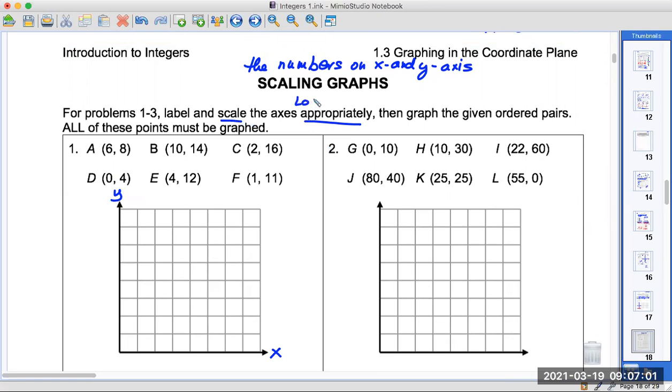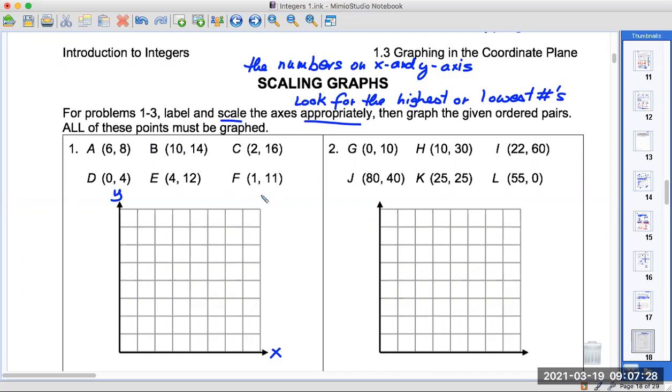What you have to do is look for the highest or lowest numbers in the ordered pairs. So let's start that. All of these points must be graphed. That's the problem: you have to fit them all on this grid.